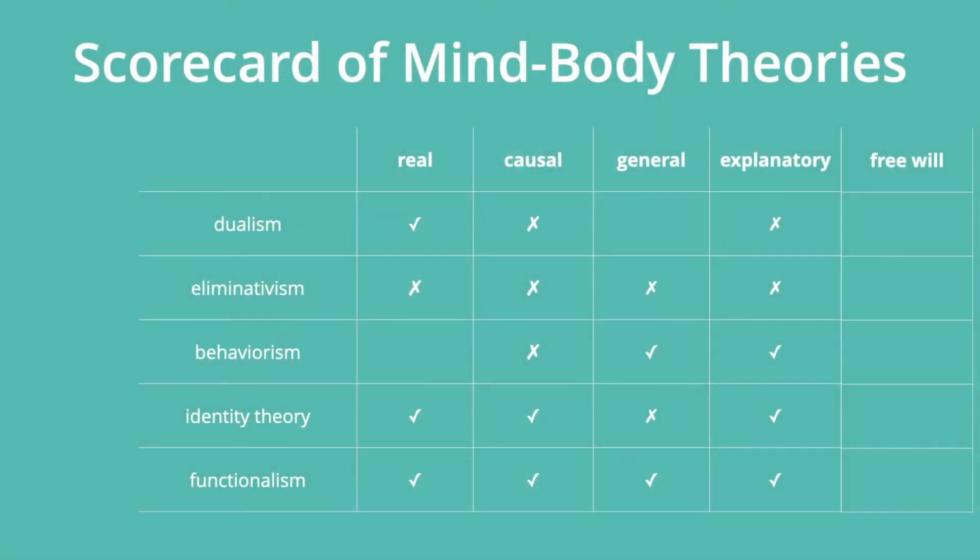Historically speaking, defenders and critics of human free will have held all the views about minds that we've discussed, except perhaps eliminativism. There are dualists, behaviorists, functionalists, and identity theorists who are all compatibilists. And there are hard determinists in each of those camps as well. So adding a column about free will doesn't help us sort out our choices.